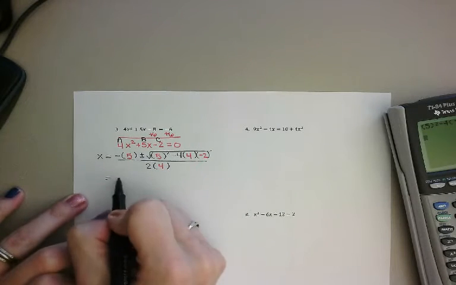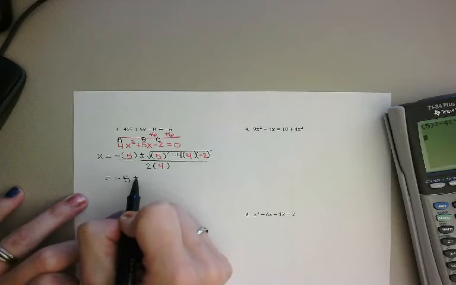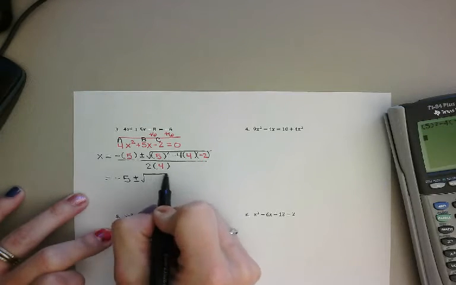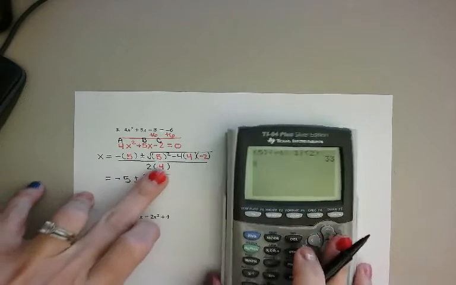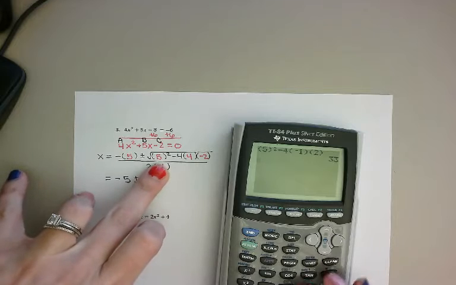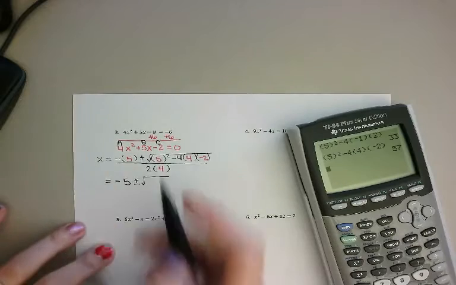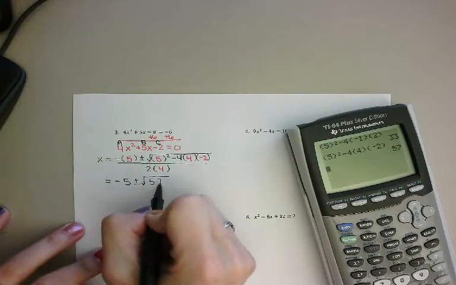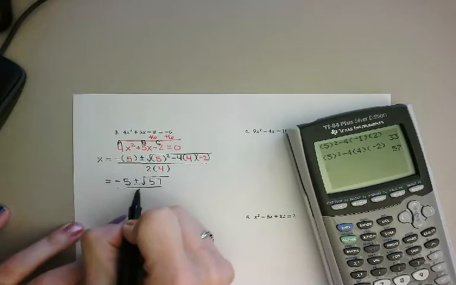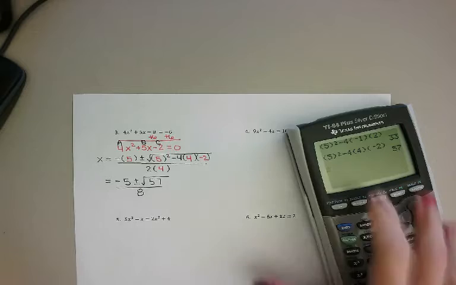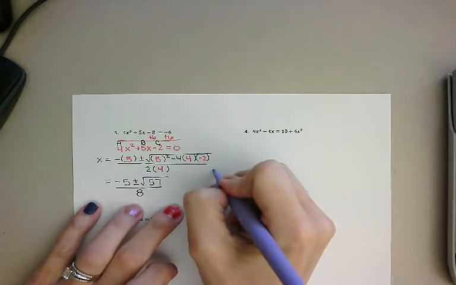All right, that simplifies to -5 plus or minus the square root. I'm going to figure out what that number is. So we're going to go parenthesis 5 squared minus 4 times 4 times -2. I get 57, and I'm going to divide that by an 8. Now I do need to ask myself about 57.